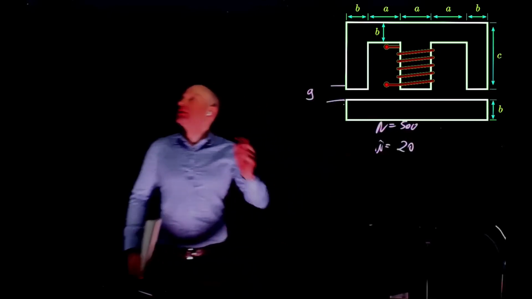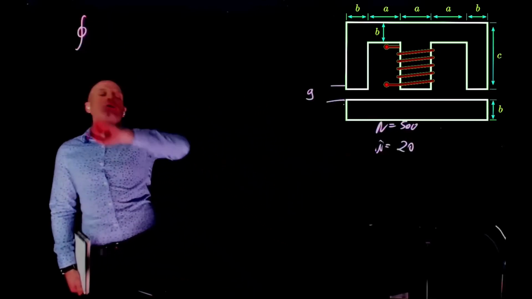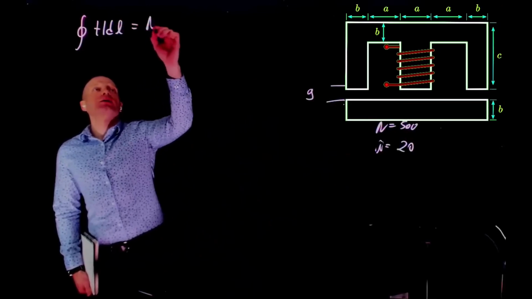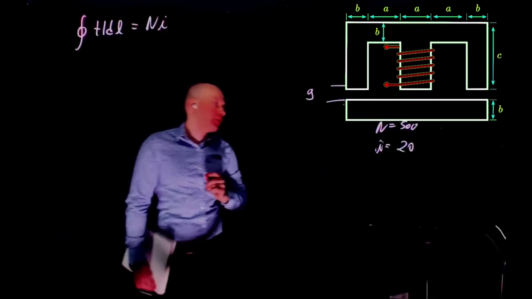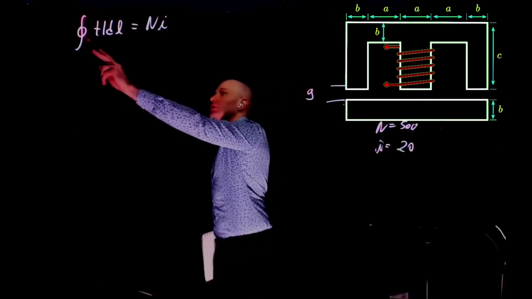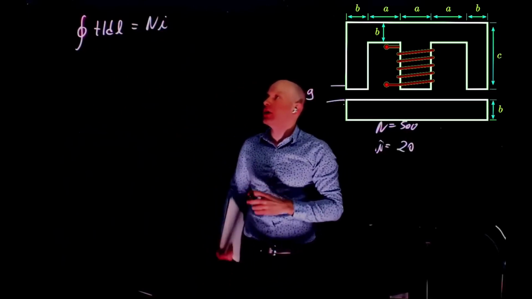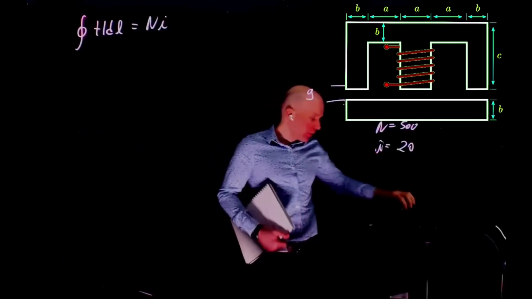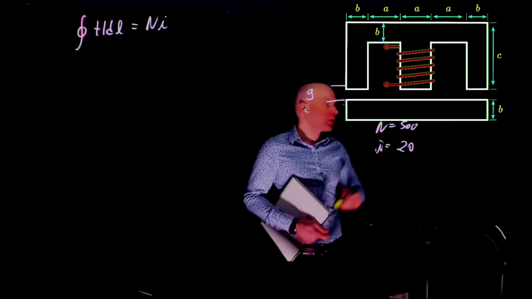We can start by looking at the integral over a closed loop path of H dl, which equals Ni. This is Ampere's law. Let's look at that equation again. Integral over a closed path of H dl equals Ni. Where should we select a closed path?